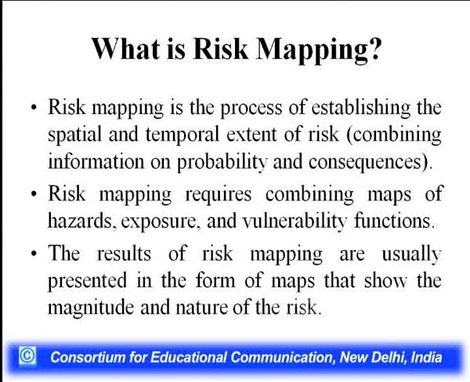Risk mapping requires combining maps of hazard, exposure and vulnerability function. These are the three important different functions. The results of risk mapping are usually presented in the form of maps that show the magnitude and nature of risk. And if you will be able to know this magnitude and nature, I think preventive measures can be taken up.